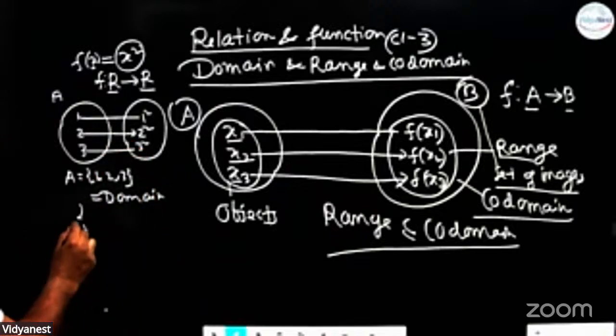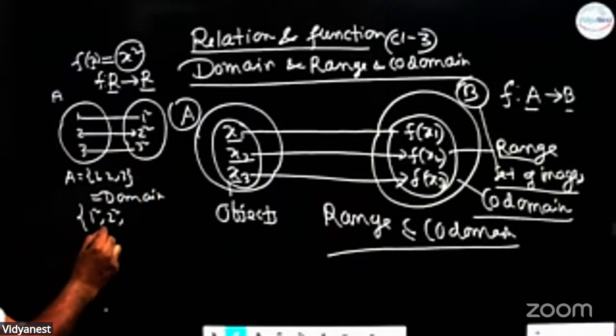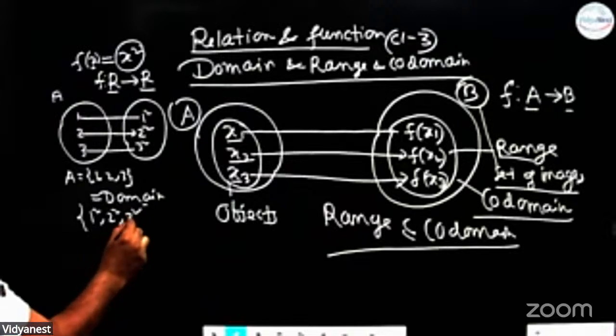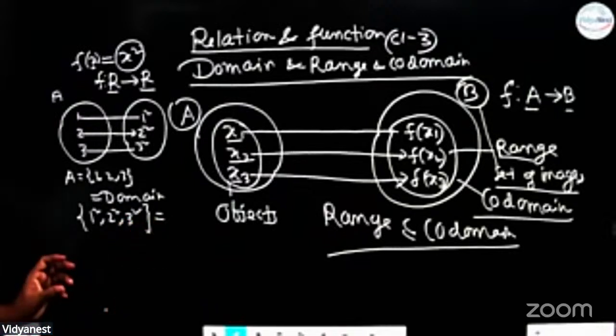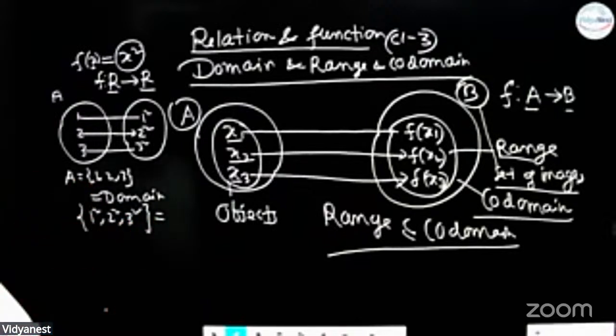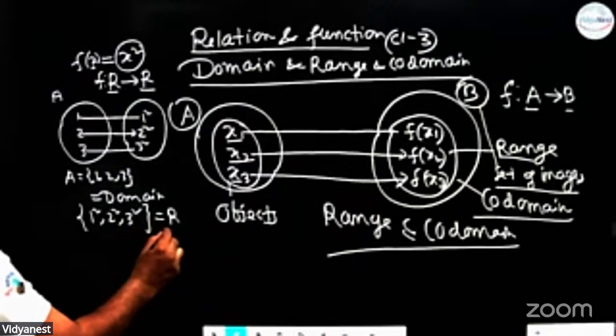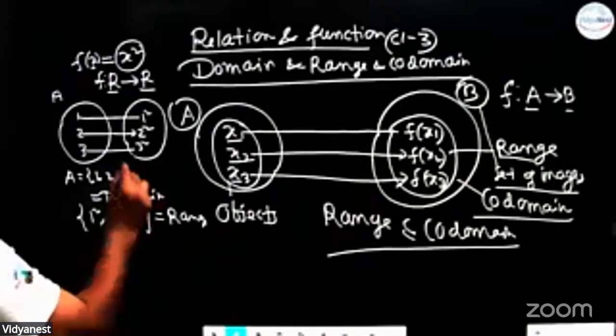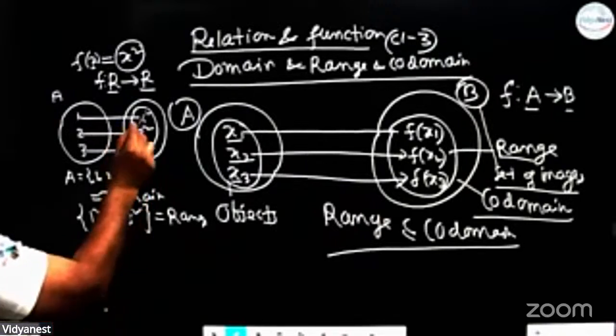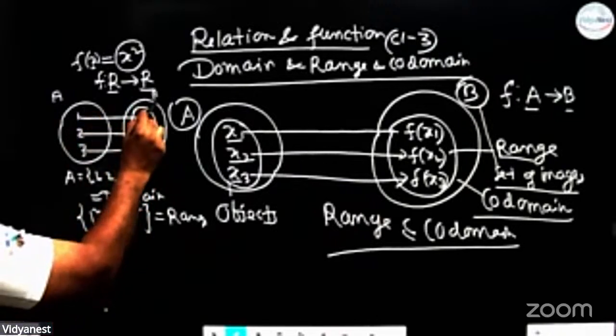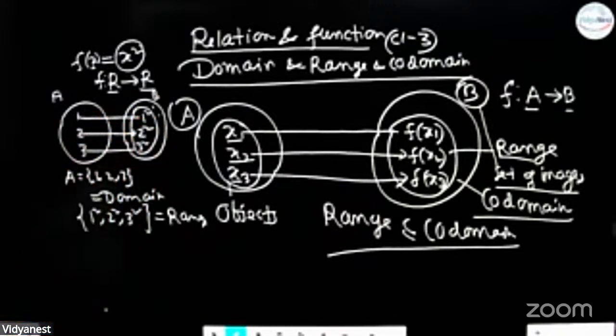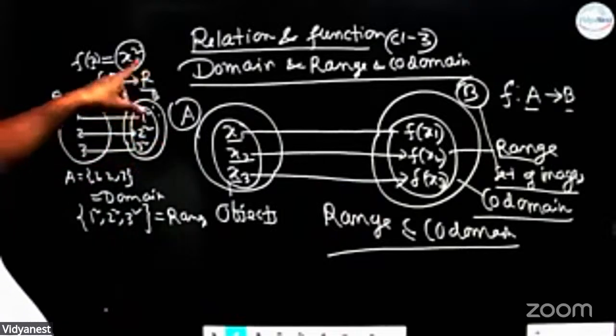And the set formed by real numbers in square form, that is the range. And here it is clearly visible this set is a subset of B, because codomain B is also real.